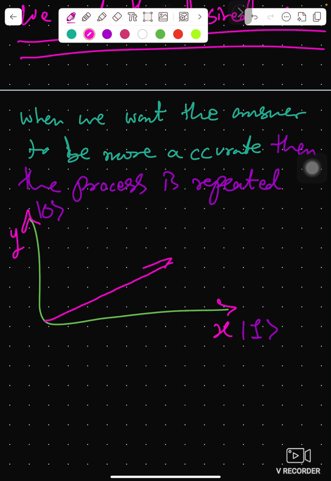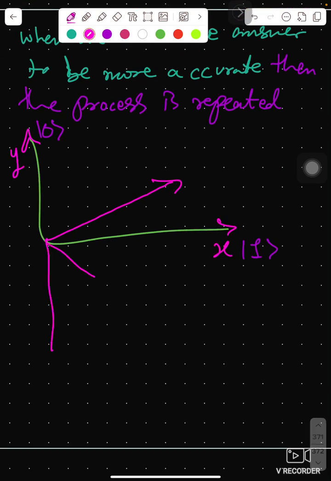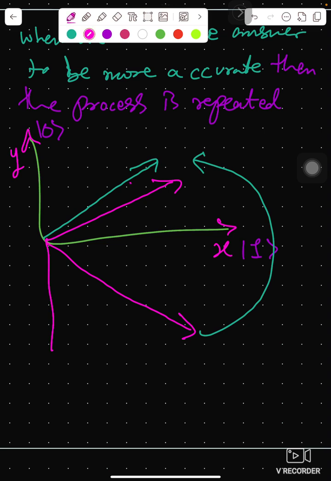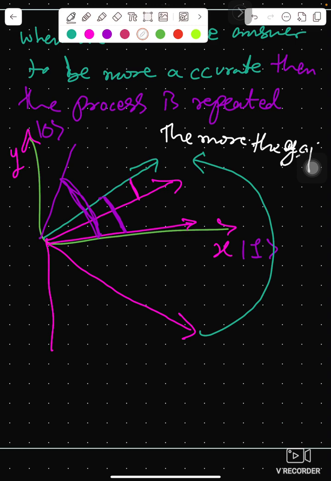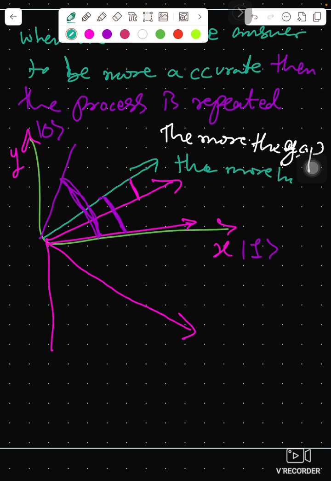So when we do the experiment or the process, what we find is it's getting closer. The more the gap between these two, the higher the probability.